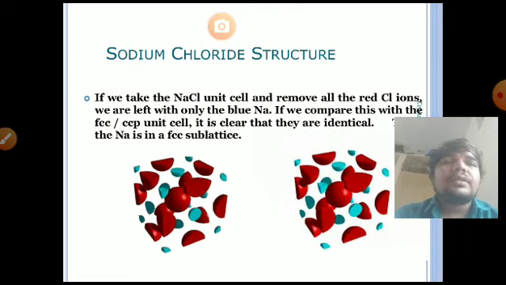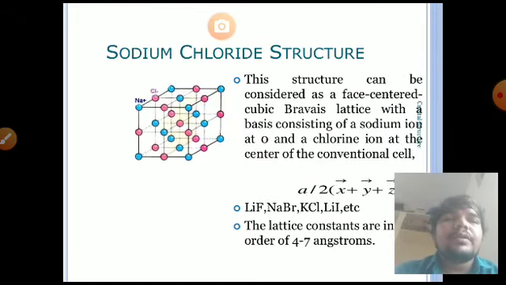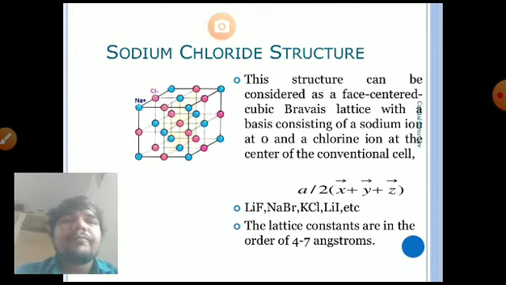Sodium chloride structure. If you take the NaCl unit cell and remove all the red Cl ions, leaving only the blue Na ions, and compare it with the FCC unit cell, it is clear that the sodium ions are identically positioned.